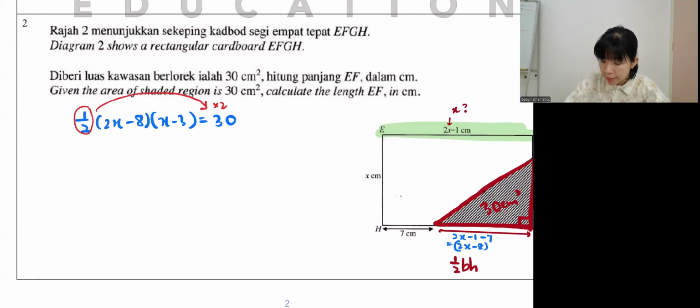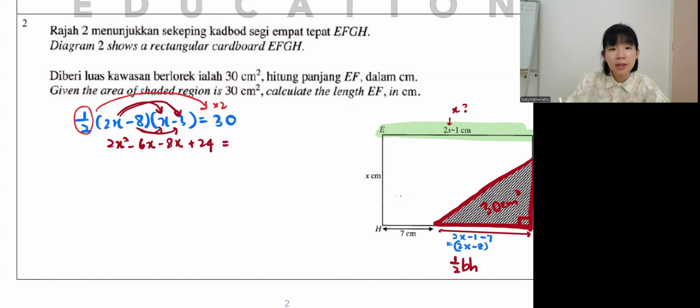Okay, so at the same time, the bracket, open up, expand it. 2x times x, 2x squared. 2x times negative 3, negative 6x. Negative 8 times x, negative 8x. Negative 8 times negative 3, positive 24. Equal, okay, just now you said the 30 times 2 becomes 60.